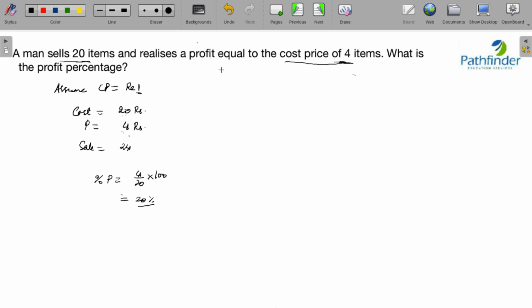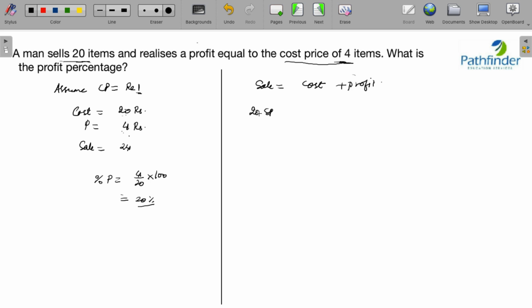I could have also looked at this question in the following manner. We know that sale is equal to cost plus profit. Sale is of 20 items, so I can write selling price of 20 items as 20 times SP.